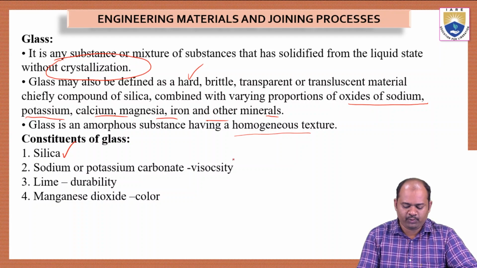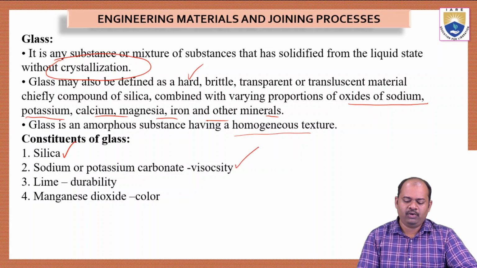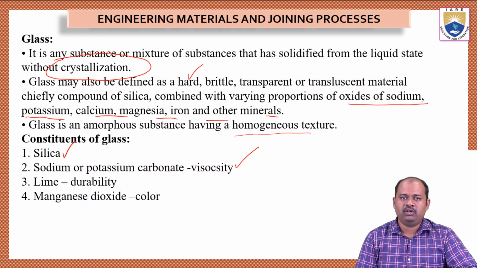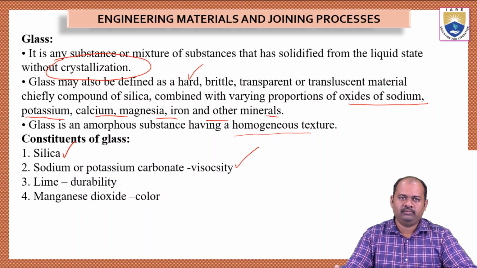Then we have sodium or potassium carbonate, which is added to improve the viscosity. Why do we need viscosity? When we want to convert the glass into a particular shape, it is heated, and it should have some level of viscosity in order to be shaped.